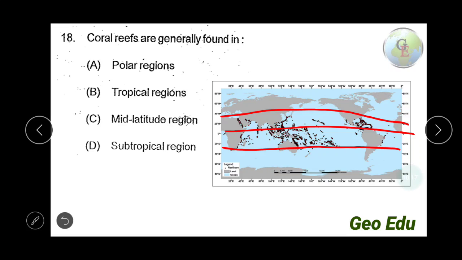This region consists of most of the coral reefs. So it is restricted to tropical regions. The answer will be tropical regions.